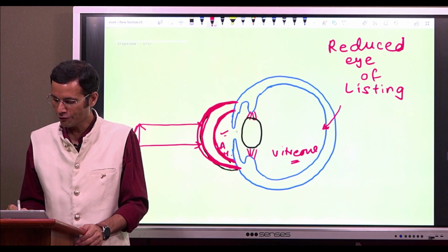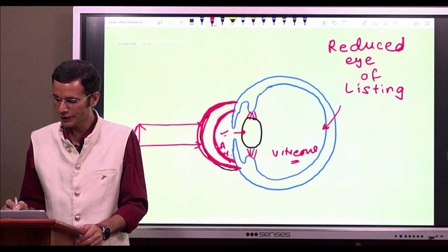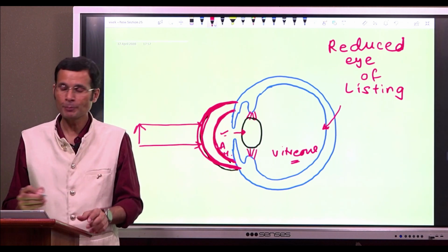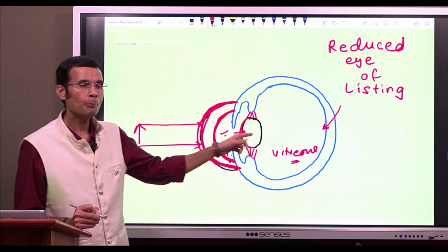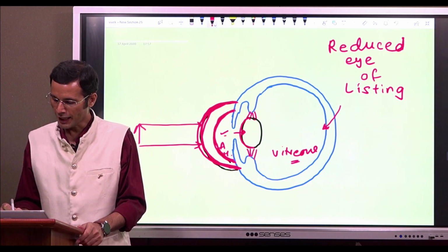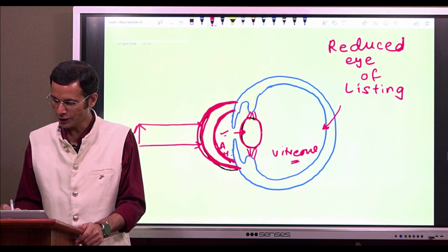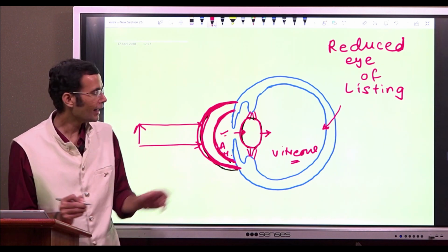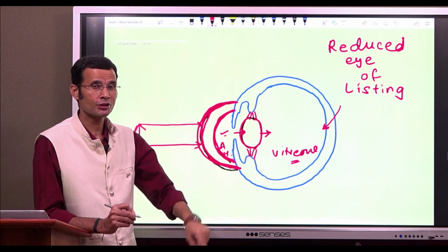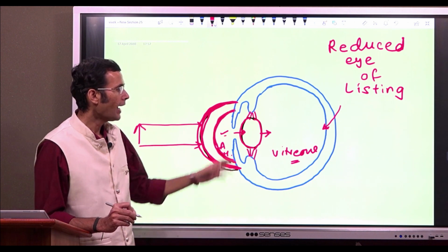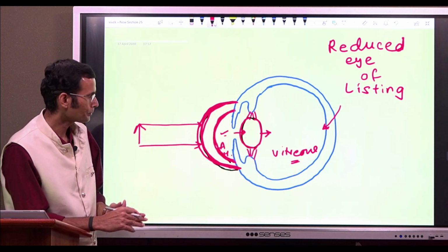Then, from the aqueous humor, they are going to enter the lens. Again there will be refraction at the anterior surface of the lens. Then they pass through the lens, and from the posterior surface of the lens, they will exit the lens and enter the vitreous humor. Again there will be refraction because again there is change of medium, and finally they will reach the retina.